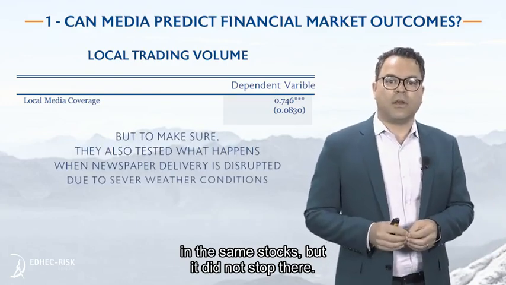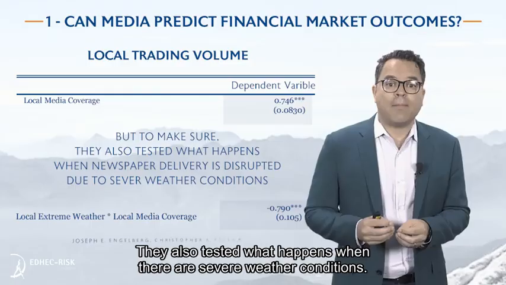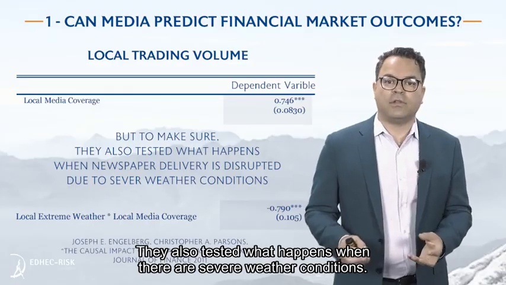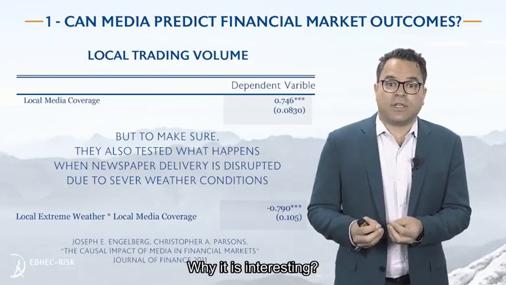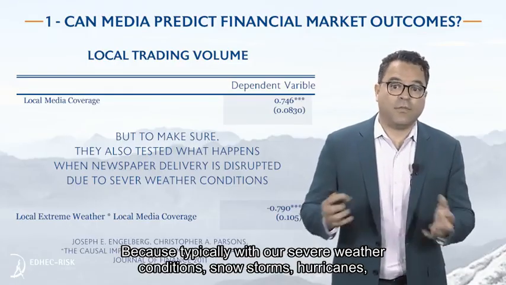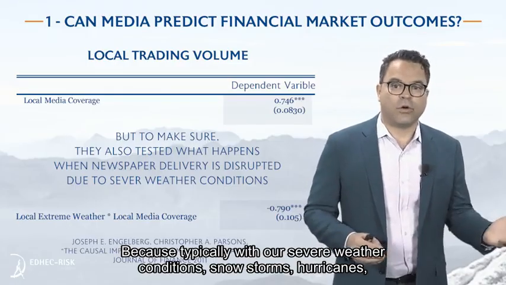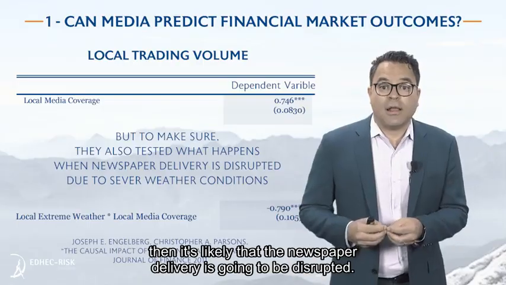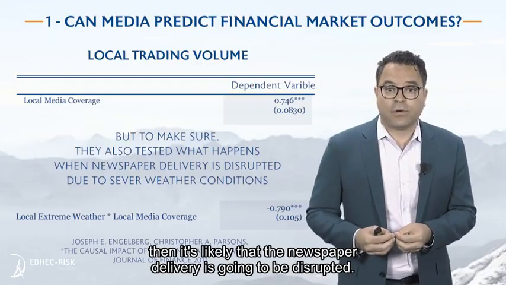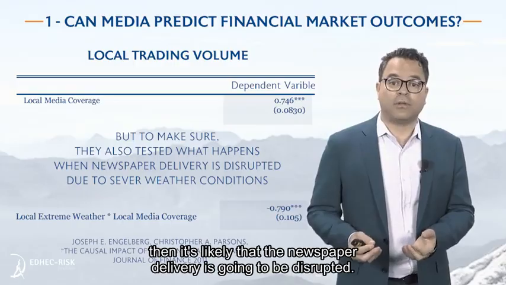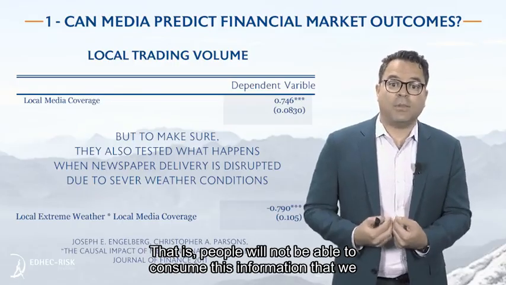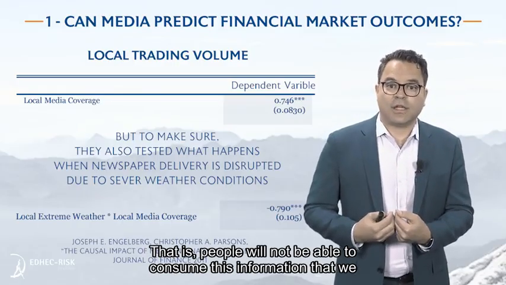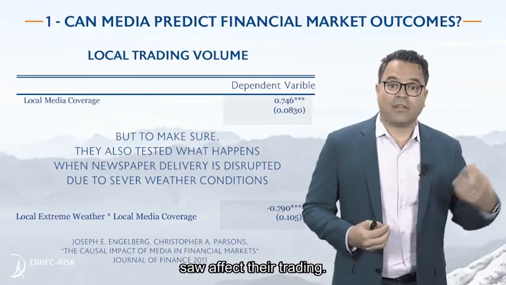But they did not stop there. They also tested what happens when there are severe weather conditions. Why it is interesting? Because typically when there are severe weather conditions, snowstorms, hurricanes, then it's likely that the newspaper delivery is going to be disrupted. That is, people will not be able to consume this information that we saw affect their trading.